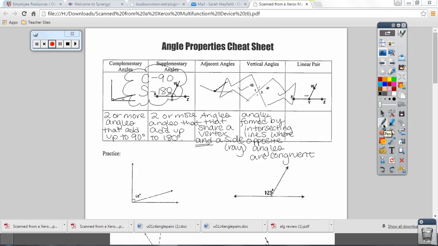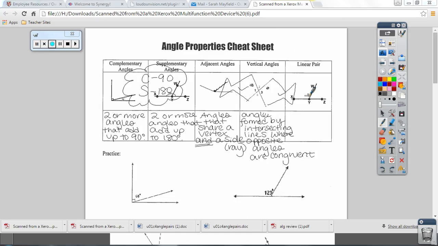Linear pair is kind of a redundant vocabulary word. Math, they love to give you multiple words that mean the exact same thing. Okay? Notice linear pair looks a lot like supplementary because they are. The only difference between supplementary and linear is that linear pair are always adjacent. There are always only 2 angles.